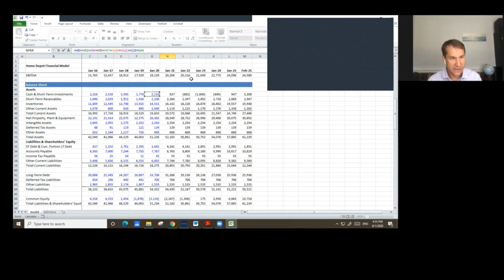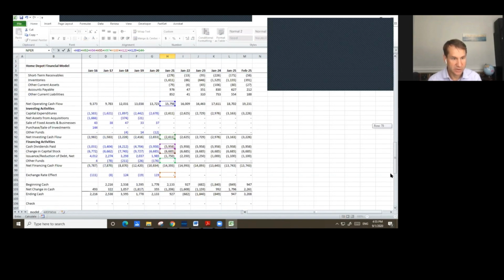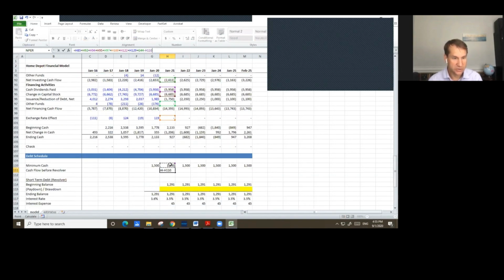I'll say that cash minus minimum cash balance. So basically what it means is I'll draw the revolver as long as my cash stays at this minimum. So I'm getting 573 as cash flow before revolver.